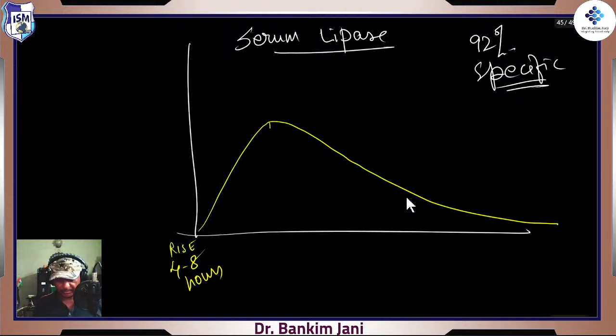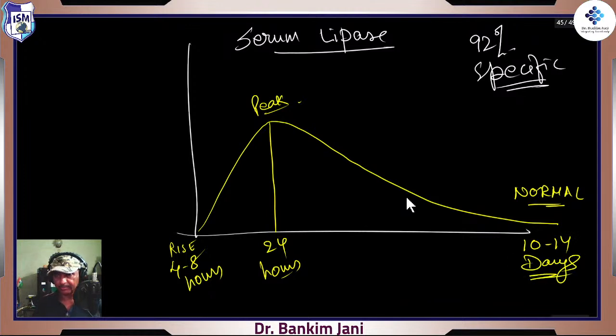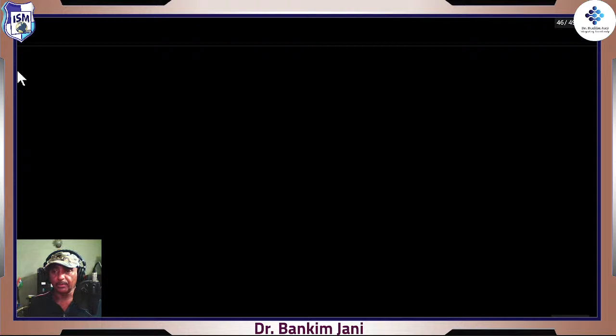The peak is reached in 24 hours, but it will come to normal in about 10 to 14 days. By that time, you will be handling the patient very properly. So this is the important phase: after say 3-4 days, when the amylase is normal, lipase is still high. So that's your trump card.